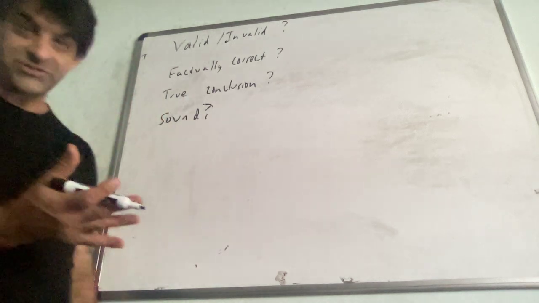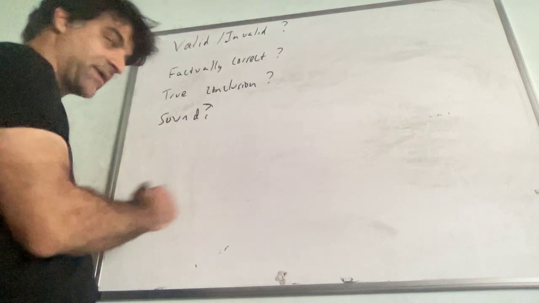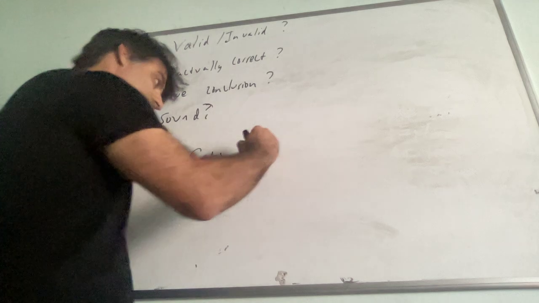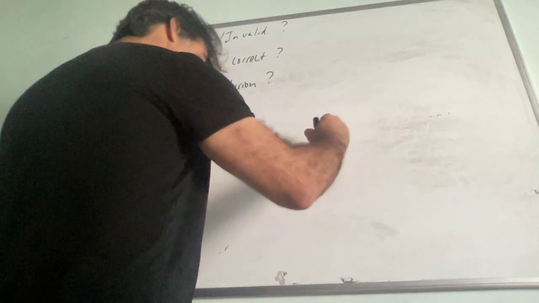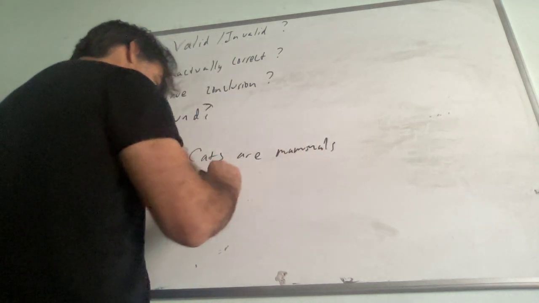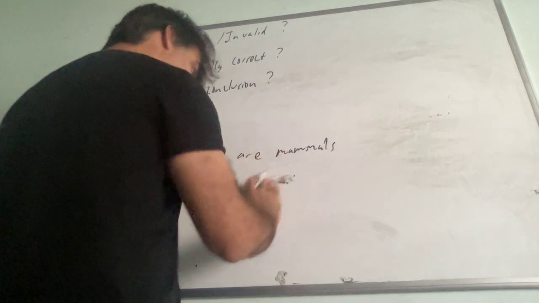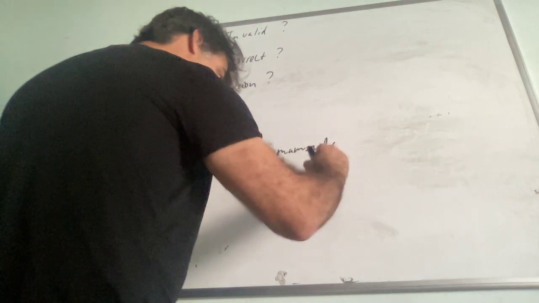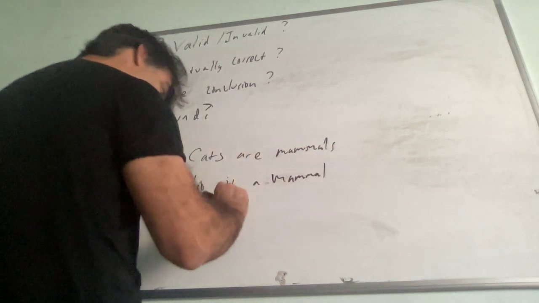Our cats are mammals example is this, right? All cats are mammals. Cleo is a mammal. So Cleo is a cat.